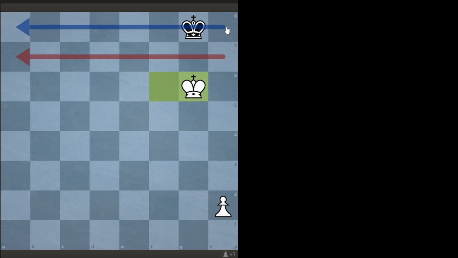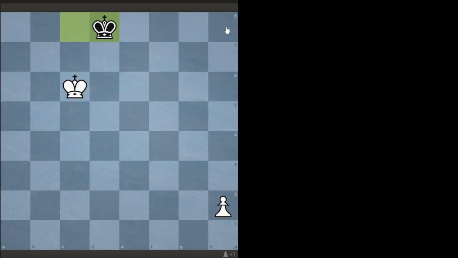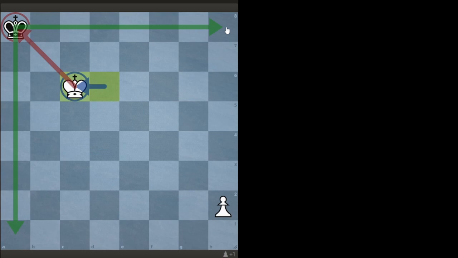If the king decides to go back and forth over the last rank, the red arrow shows that the black king cannot reach any squares on the 7th rank. And therefore, after the opposition by white, if the black king starts moving along the last rank, it cannot escape from the last rank.